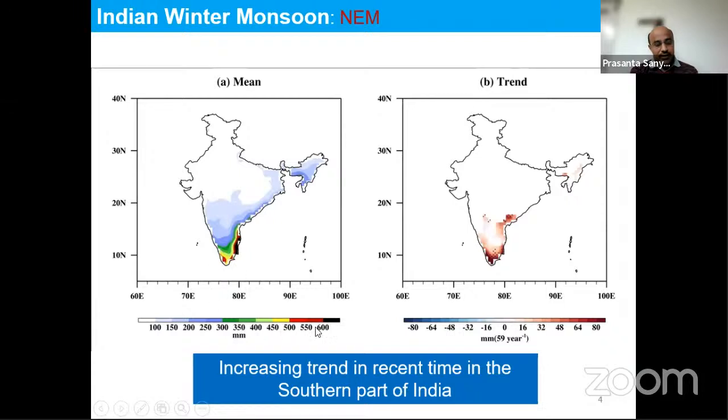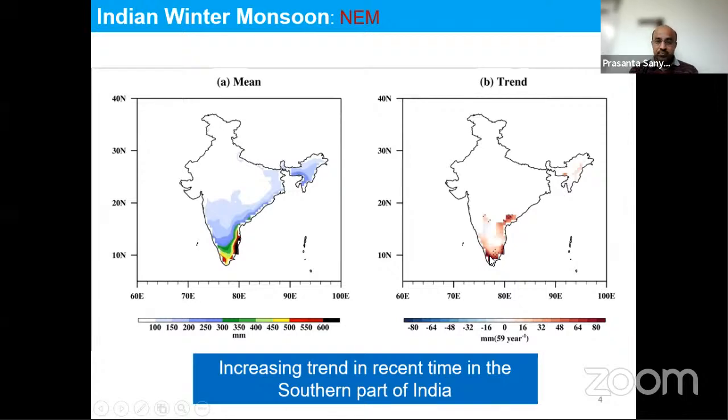If you see the scale here, the average rain will be around 600 to 700 millimeter in this part. And if you see the trend for the last 59 years, it's actually reddish in color, and if you follow the colors in the scale, it's actually positive.